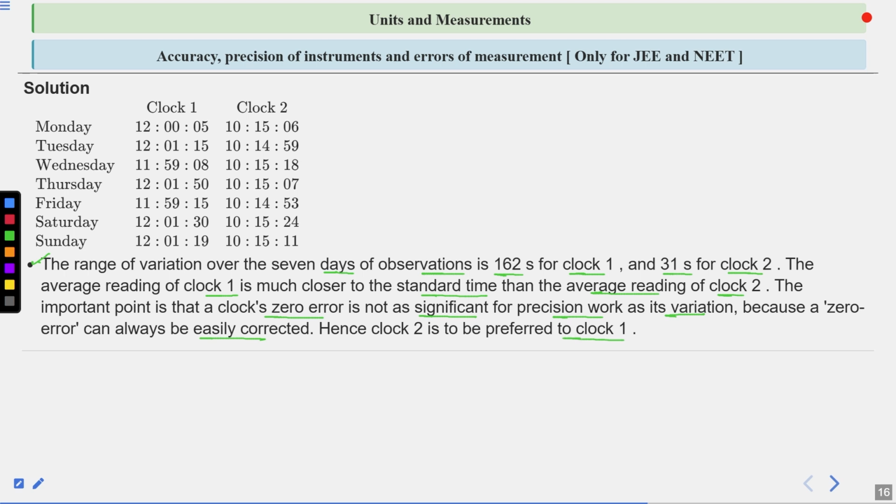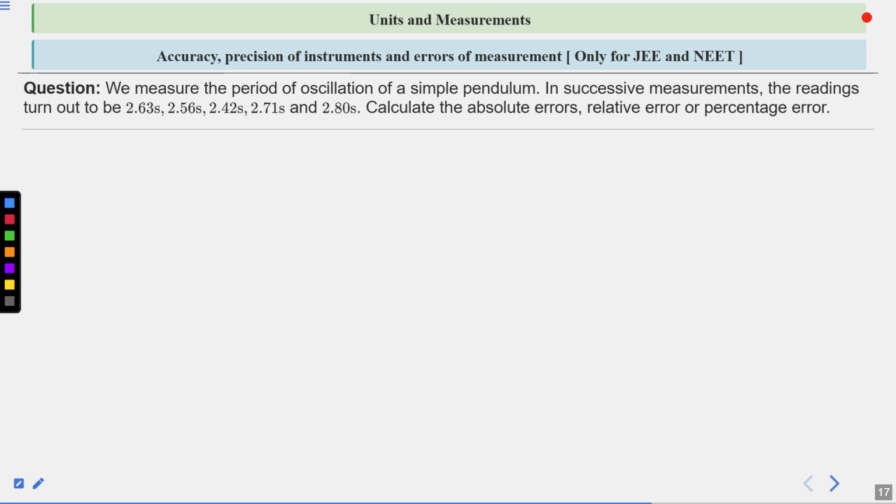One question for you. We measure the period of oscillation of a simple pendulum in successive measurements. The readings turn out to be 2.63 seconds, 2.56 seconds, 2.42 seconds, 2.71 seconds, and 2.80 seconds.